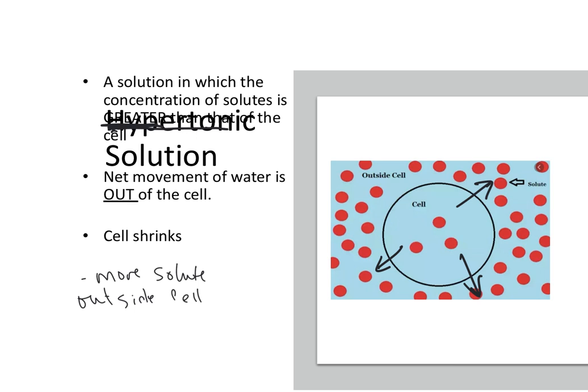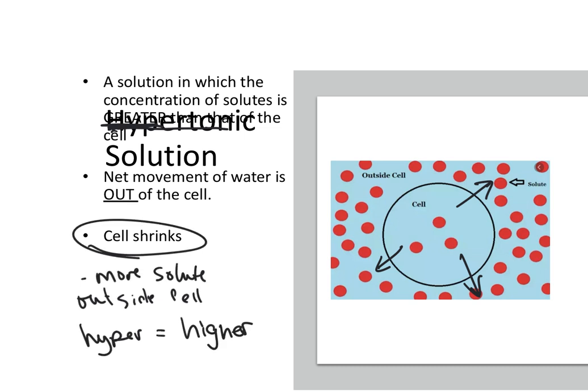And so what happens to the cell? The cell shrinks. So this is like putting a cell in very concentrated salt water. Remember, hyper means higher solute. Hypertonic has higher amounts of solute on the outside, so the water is going to leave.